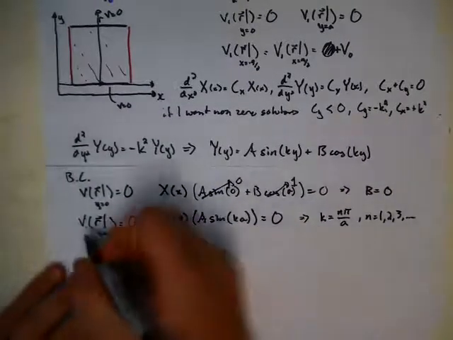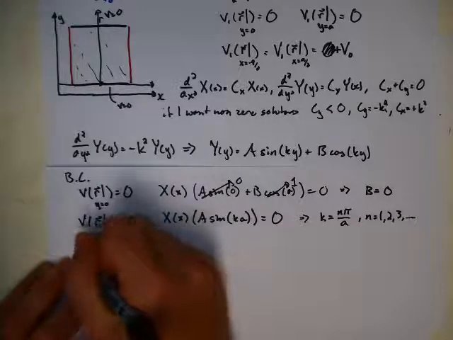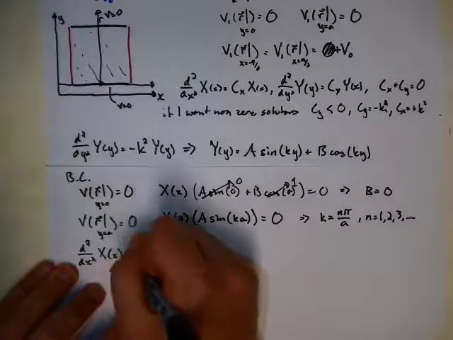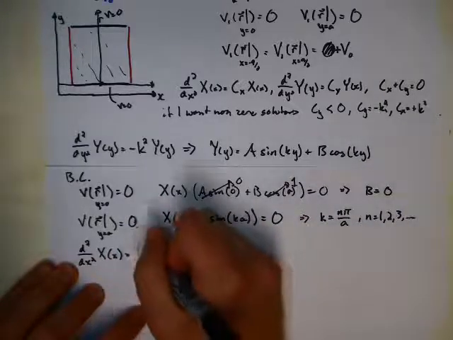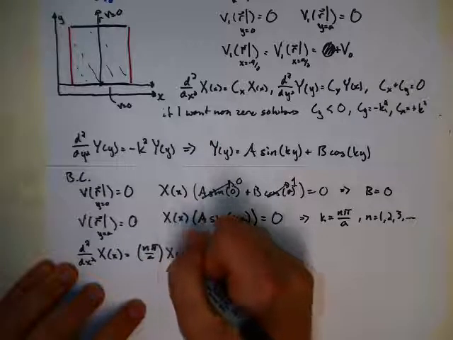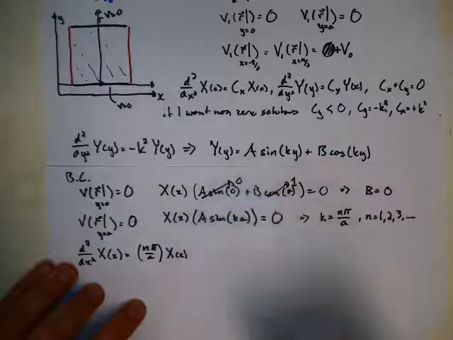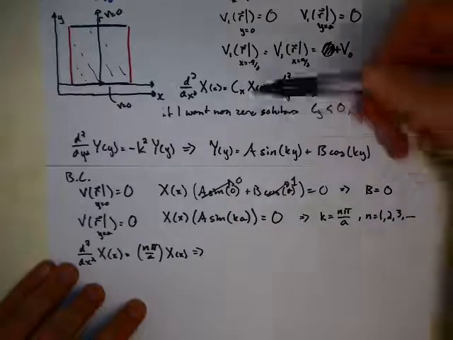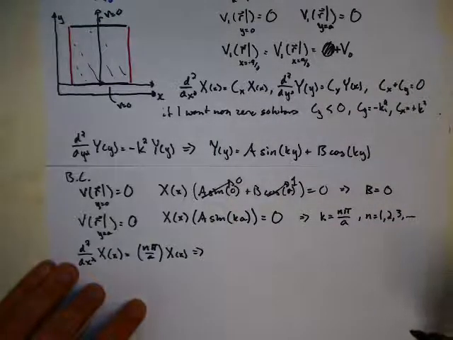Now I can look at the x differential equation for capital X, and plug this in. So this is positive n pi over a squared times capital X of x. Now the solution to this would be exponentials, but because I have this nice symmetric case, I know I'm really going to want the sinh and cosh.